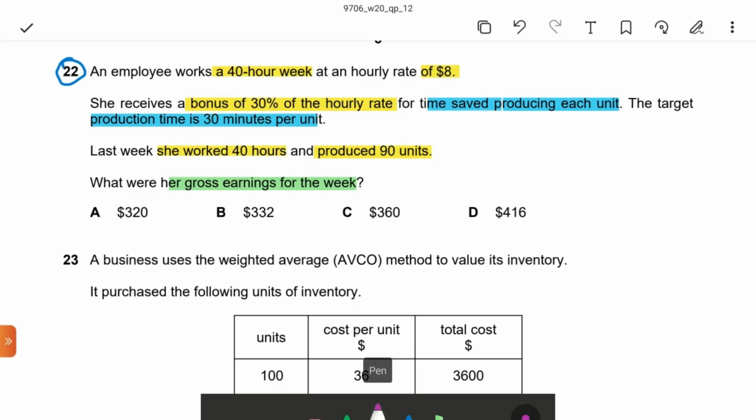They are given 40 hours she has taken to produce 90 units. So first we can check how many hours are required to produce 90 units. To produce 1 unit, what is the timing? They are given the time, 30 minutes required to produce 1 unit. So to produce 90 units, how many minutes are required?